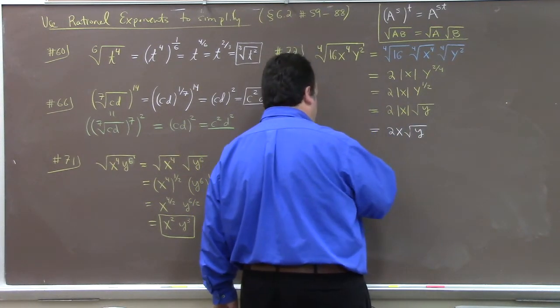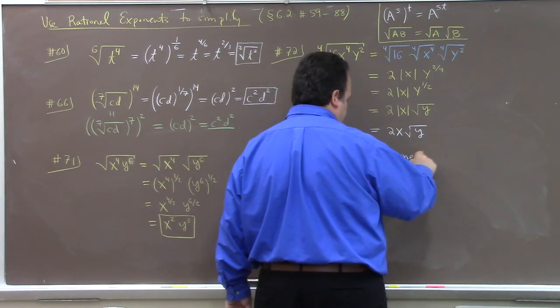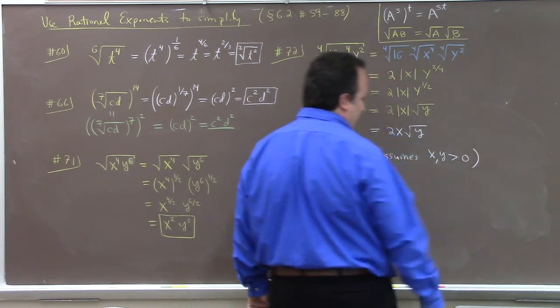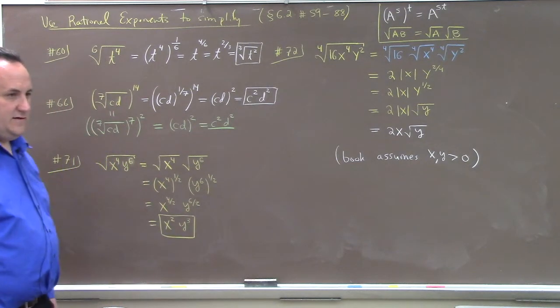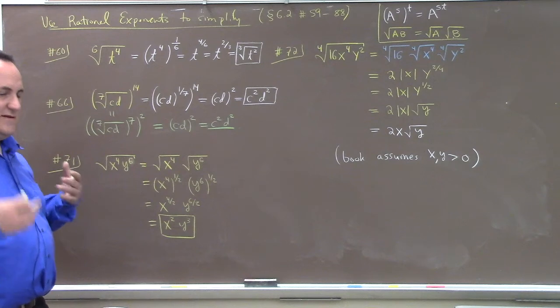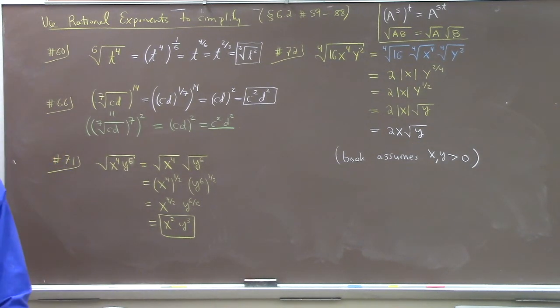So the book assumes x and y are greater than 0 for the purpose of this example. It's just assuming that it's got positive variables, which is kind of obnoxious because it was just the last section they were making this big song and dance about the absolute value issue, and now they just don't care about it, which is, to use a word that my 5-year-old recently acquired, lame.